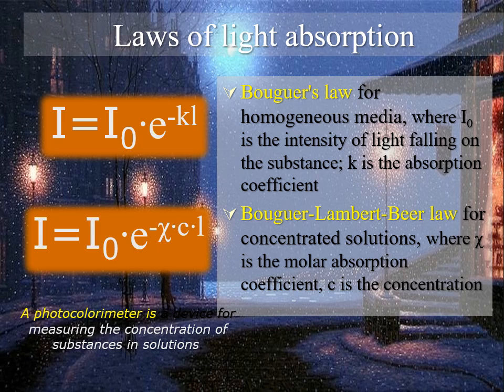Here the letter epsilon denotes the molar absorption index. C is the concentration of the main absorbing substance. If we are talking, for example, about blood, then the blood plasma will be the solvent there, and the formed elements, red blood cells, should be characterized both through concentration and through the absorption index, that is, the ability to interact with the light flux.